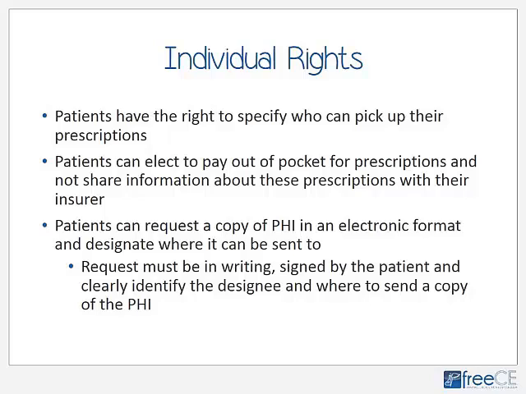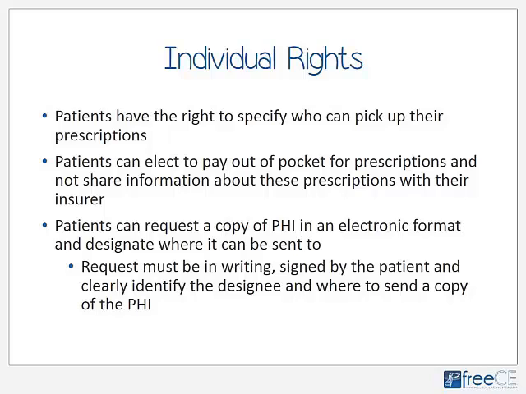Patients can also elect to pay out of pocket for prescriptions and not share information about these prescriptions with their insurer. So if a patient is coming to the pharmacy to get prescriptions for an illness that they don't want their insurance company to know about, they are allowed to do that under the HIPAA privacy rule.